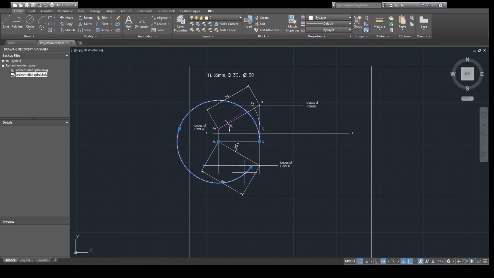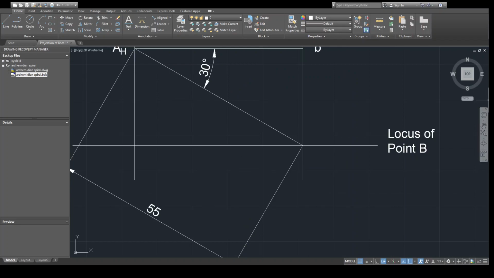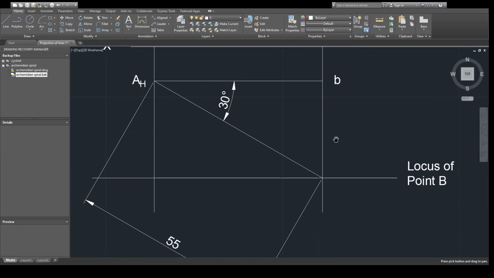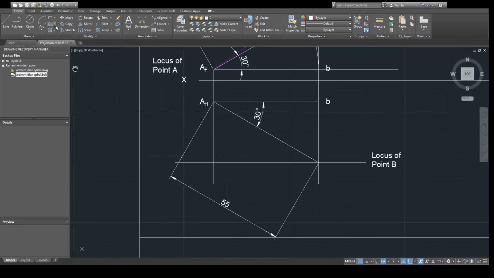Now it has come in the opposite direction. Let me correct it. This is the start point of the arc, this is the center point, or better I will draw a circle. This is the center point, this is the radius.